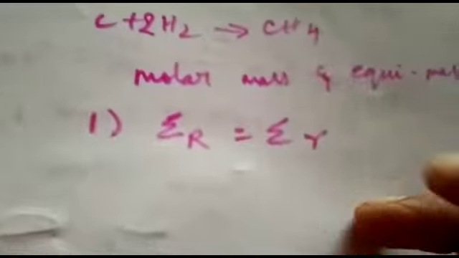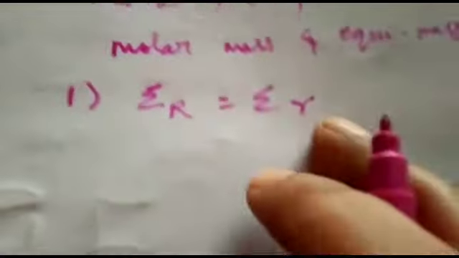What are the laws? First law: the total mass of reactants equals the total mass of products. That is the conservation of mass. Second one, specific ratios.